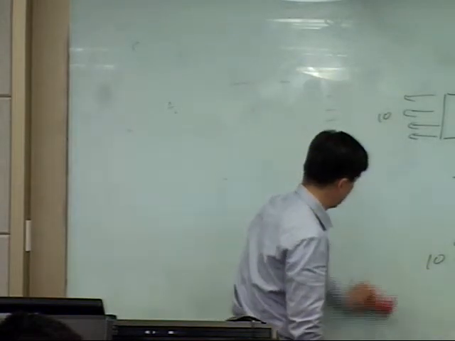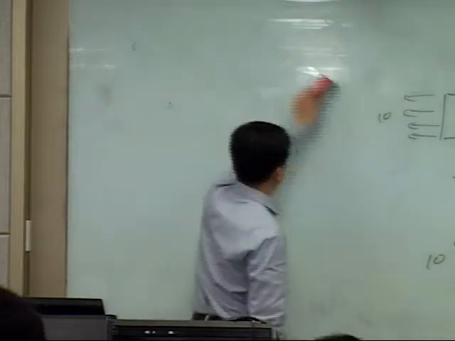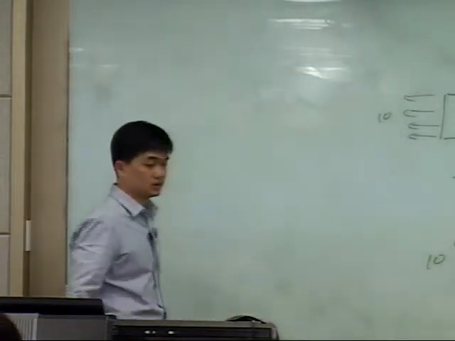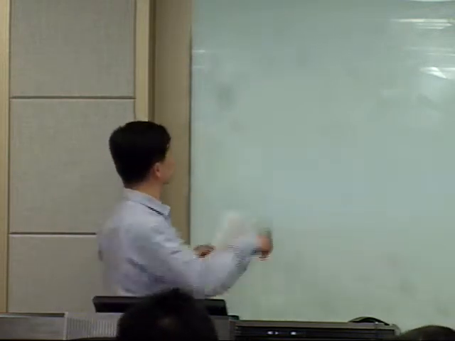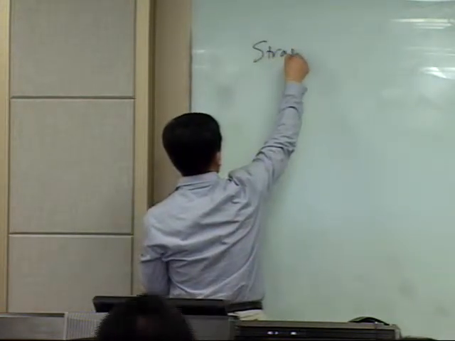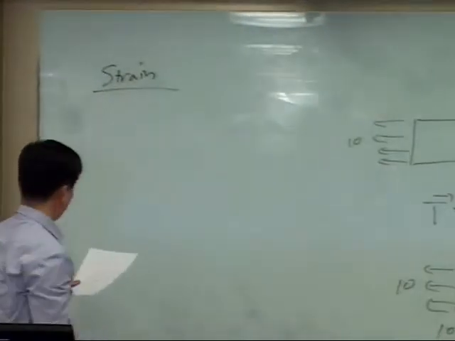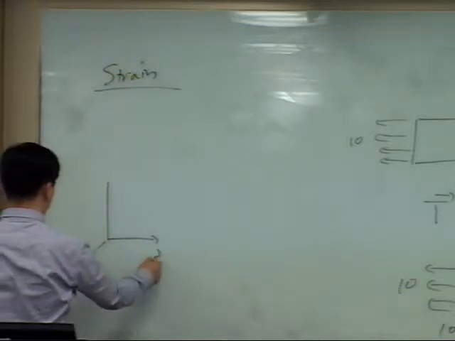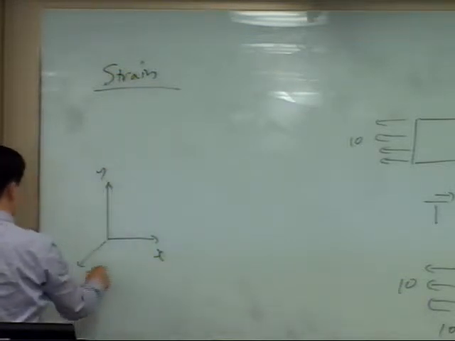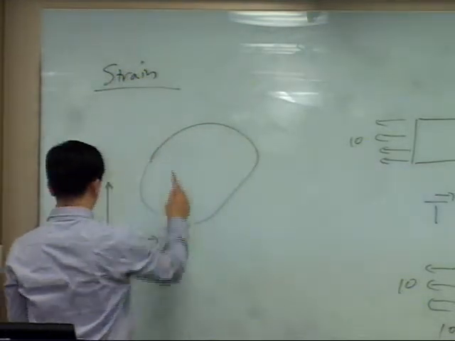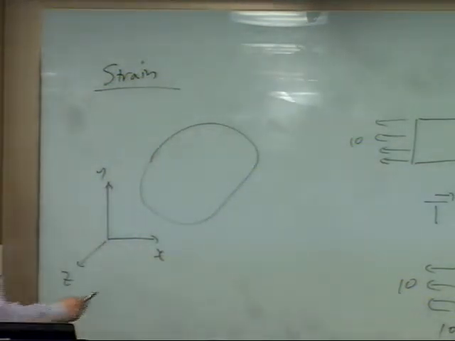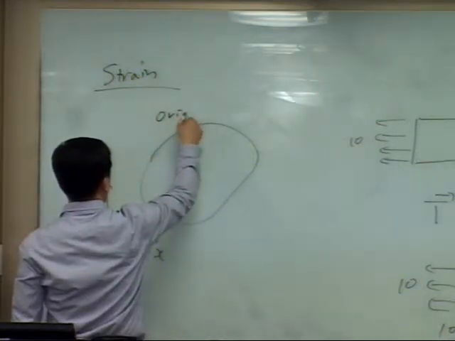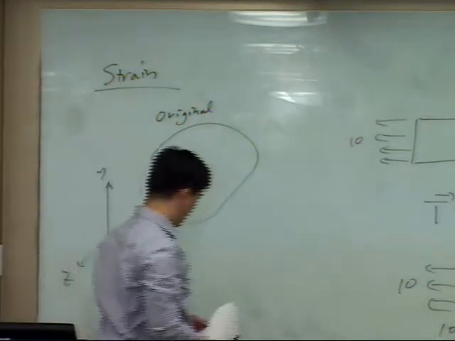So stress is a very basic concept to understand all the stuff in solid mechanics. Now let me talk about the fundamentals of strain. Okay. Let's think we have a coordinate system x, y, z. And we have an original body like that. This is your original body.